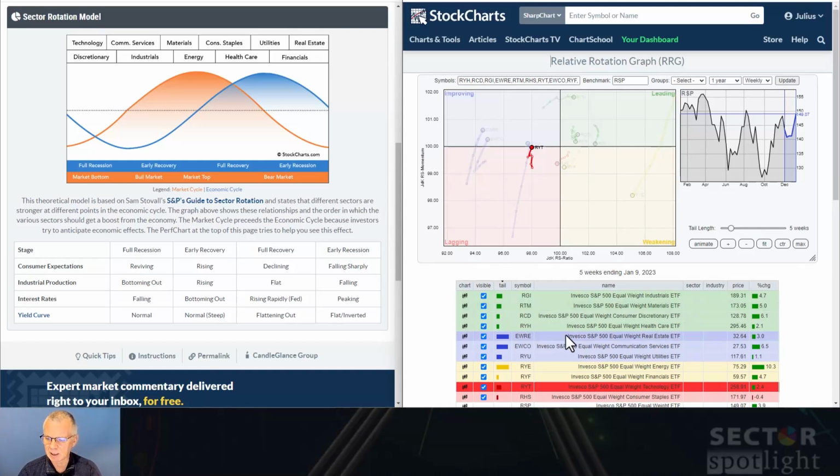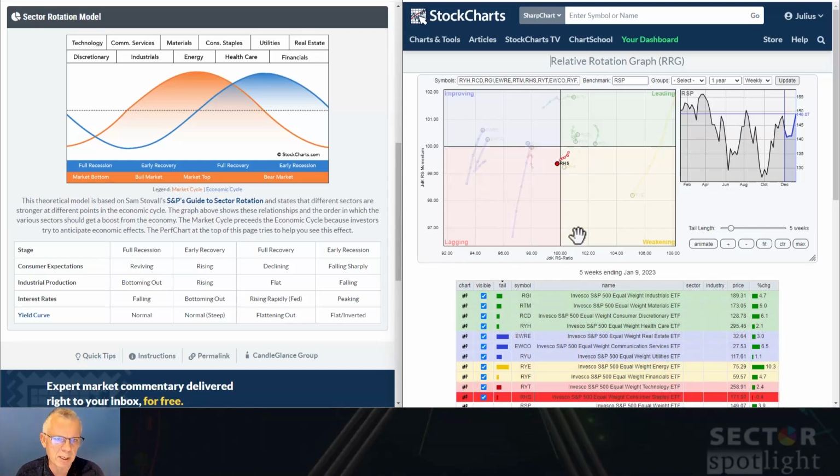And then the last one here is consumer staples, and that is also one that's quite divergent from the spider, the regular RRG. As you can see, staples here are moving into the lagging quadrant, actually starting a new downtrend. And if you still remember what happened with discretionary, I'm going to put the two together.